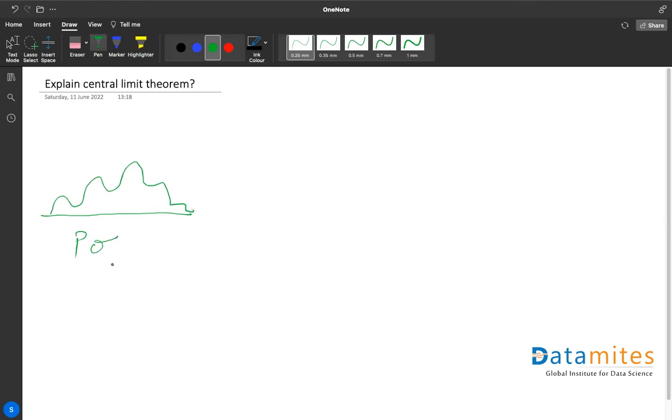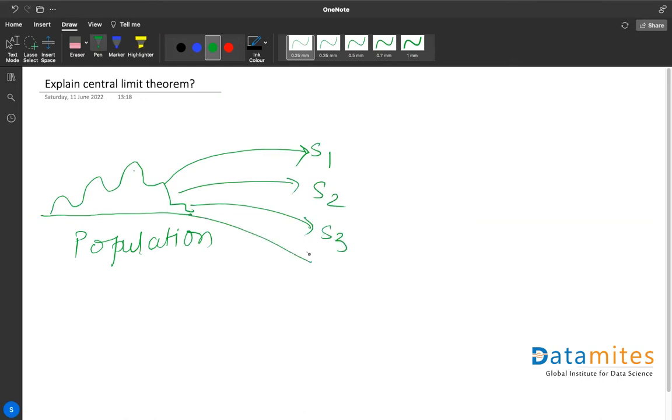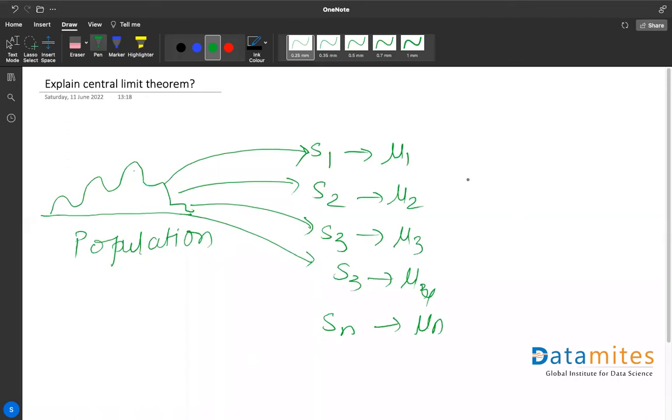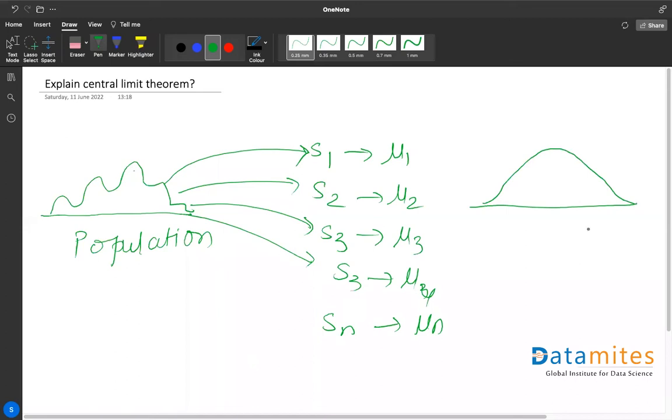This is the population. If we take out samples from this, say sample 1, sample 2, sample 3, sample 4 till sample n, and if we take the mean of each sample, mean 1, mean 2, mean 3, mean 4 and mean n, and plot all these means, the means will follow a normal distribution.